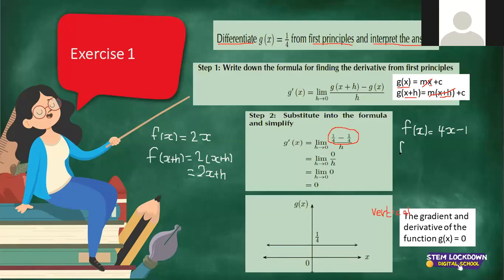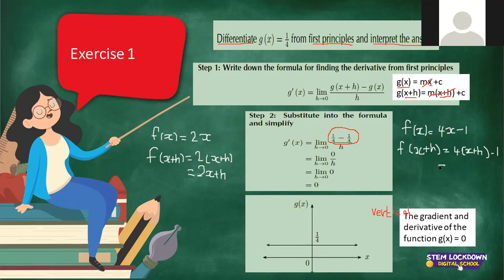So your f of x plus h will be f of x plus h minus 1.